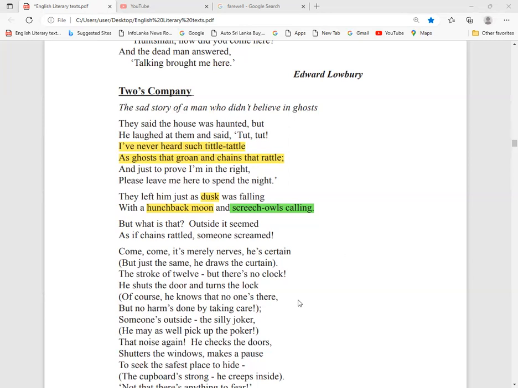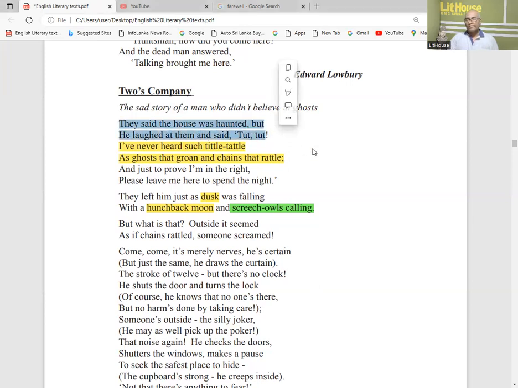The poem is mainly written in rhyming couplets. Write down, quote one example, these two lines. They said the house was haunted, but he laughed at them and said, tut tut. That is one example for rhyming couplet.